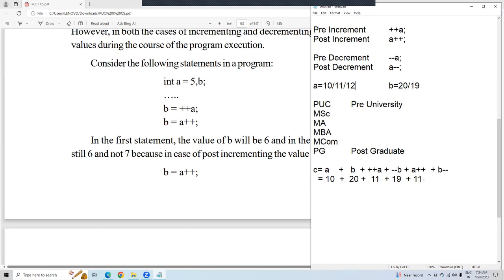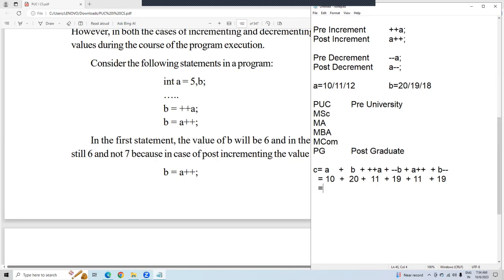Okay. And now plus b minus minus, post-decrement. First substitute the present value 19 into the equation and then decrease it by 1. If there are any other occurrences of a and b further in this equation, then you can substitute.